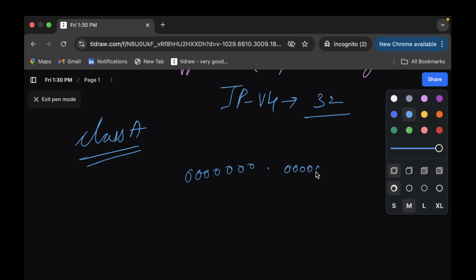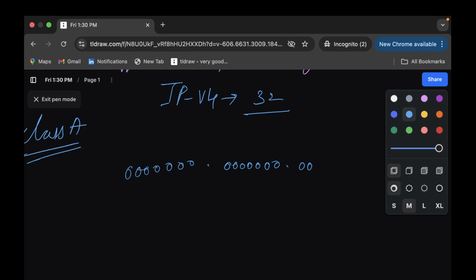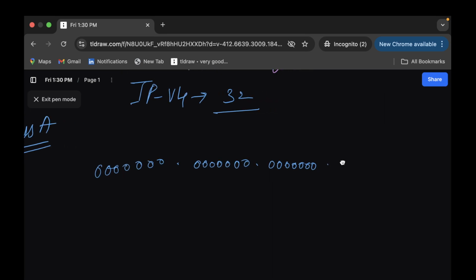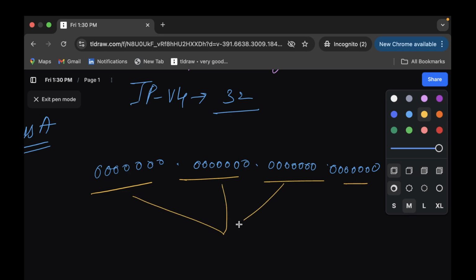So we're going to have 1 2 3 4 5 6 7 8, and 1 2 3 4 5 6 7 8, and then one more, and 1 2 3 4 5 6 7 8. Now these individual bytes can be represented in decimal numbers, so for each byte we have a decimal representation, right? And these are going to be separated by dots.